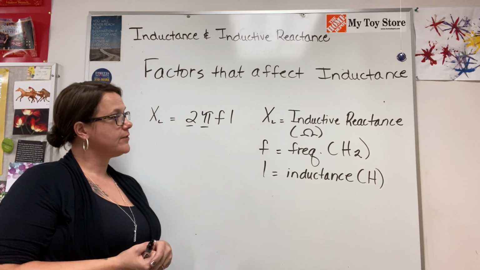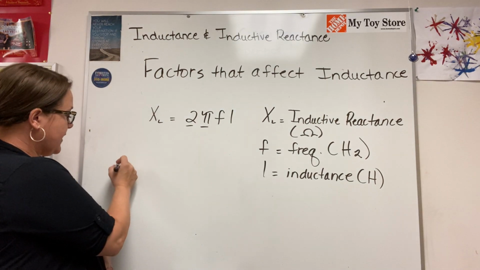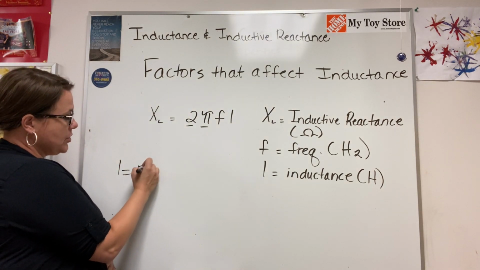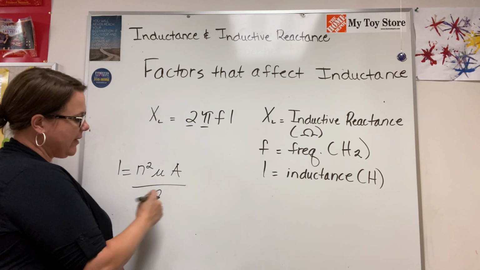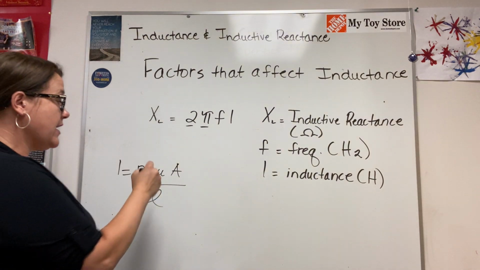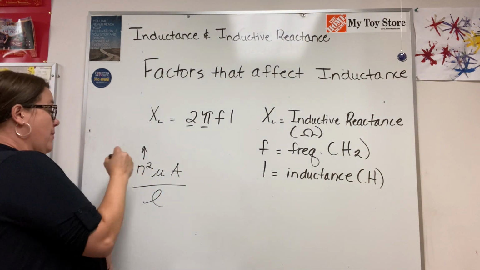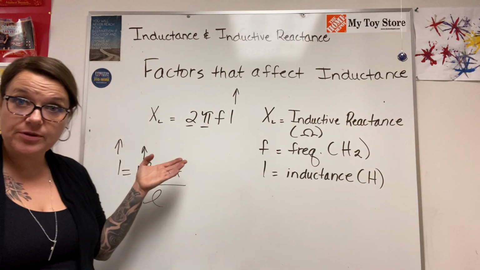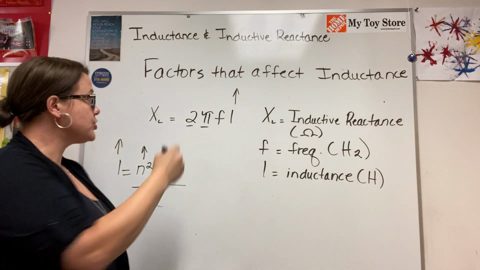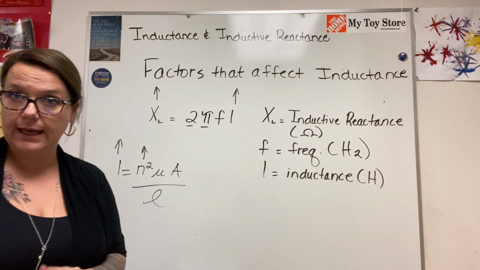Let's go back to L equals number of turns times permeability times area divided by linkage path. If I increase my number of turns, my inductance goes up. If my inductance goes up, what's going to happen to my inductive reactance? Direct proportion. It's going to go up.